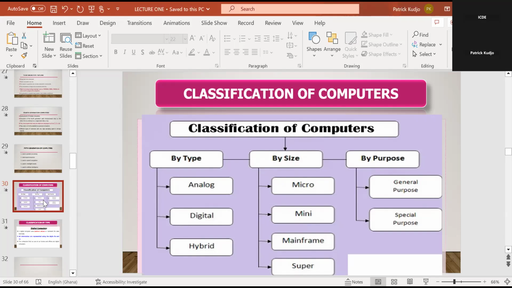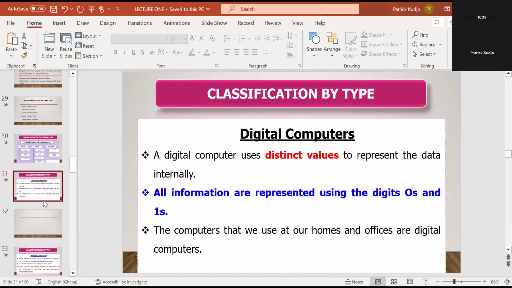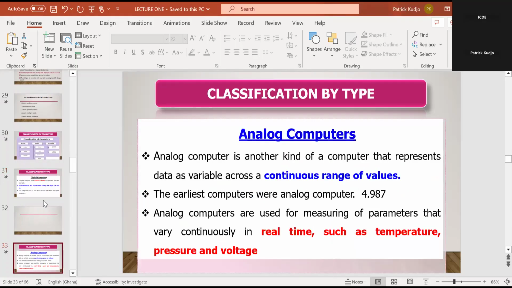So I don't have to go through the later ones. Digital computers use discrete or distinct values, which are represented by zeros and ones. The 0 means off, the 1 means what? On. And we spoke about the analog that uses continuous range of values.